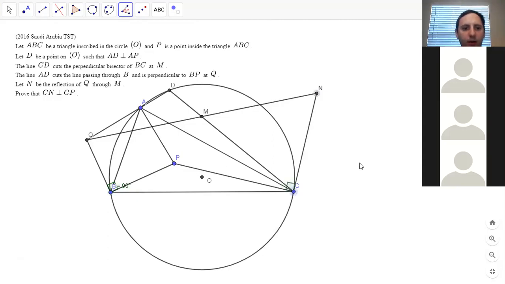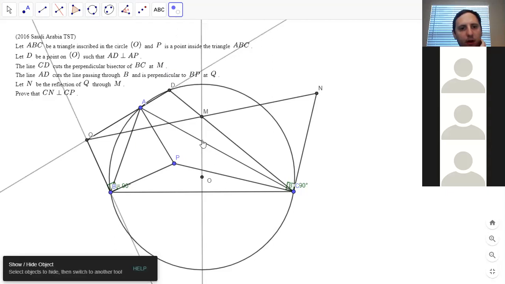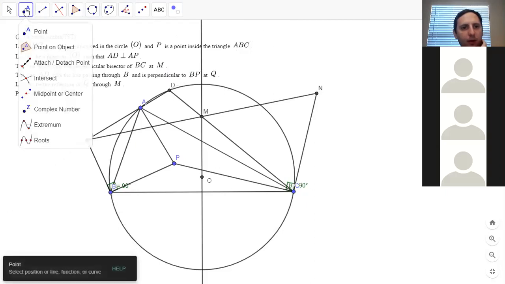So given that one of them is a right angle, prove that the other one's a right angle. I think I accidentally hid the perpendicular. So M lies on the perpendicular bisector. So I think we can kind of rewrite this problem.